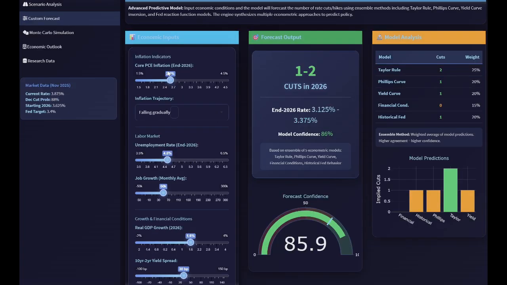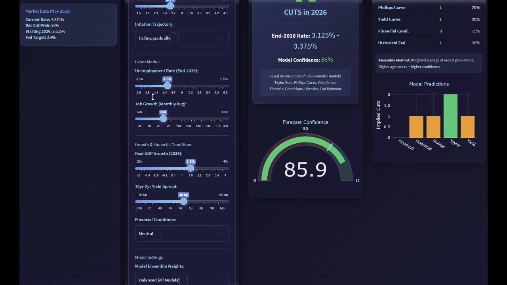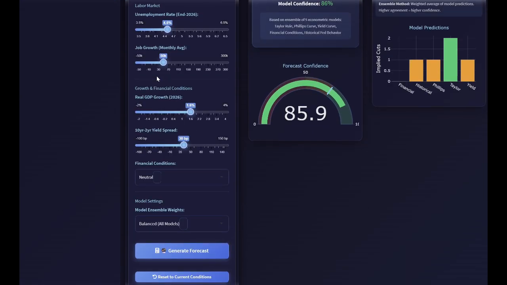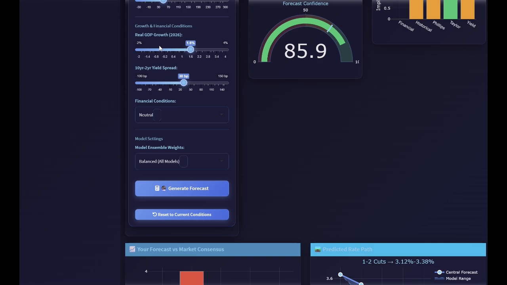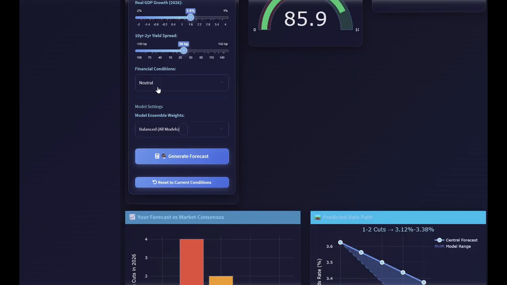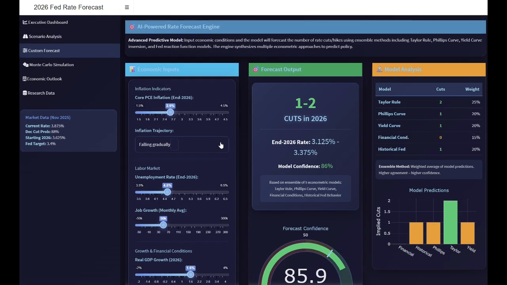And then here we set the core PCE inflation, labor market unemployment, monthly job growth, financial conditions, and 10 to 2 year yield spread as an example. Then we run the forecast, and the forecast shows we're looking at 1 to 2 cuts in 2026, with the end-2026 rate between 3.125% and 3.3%.